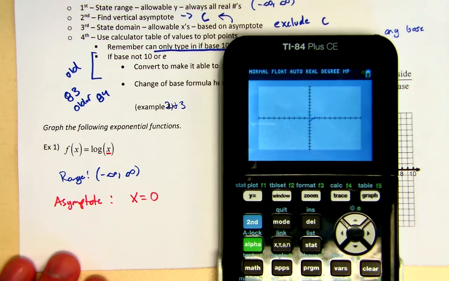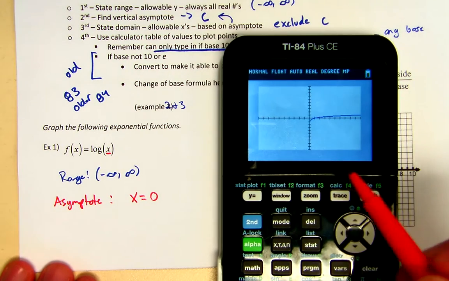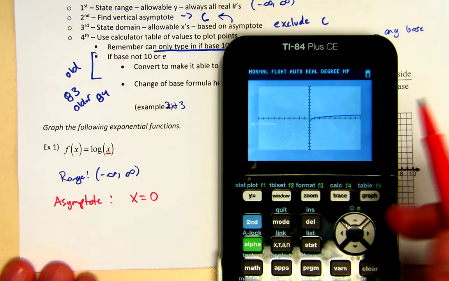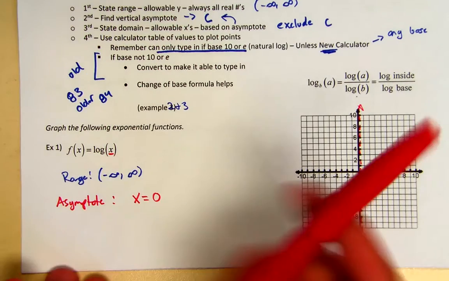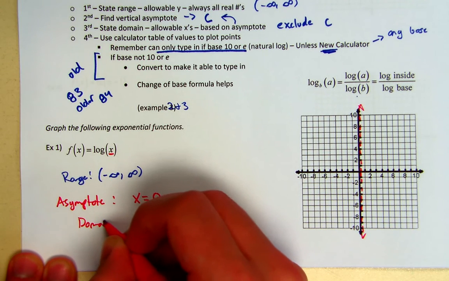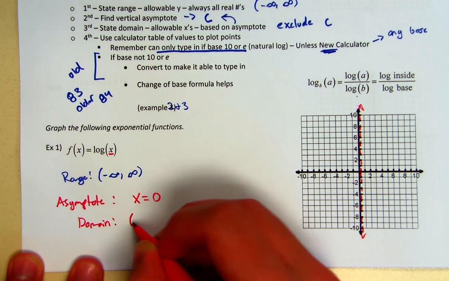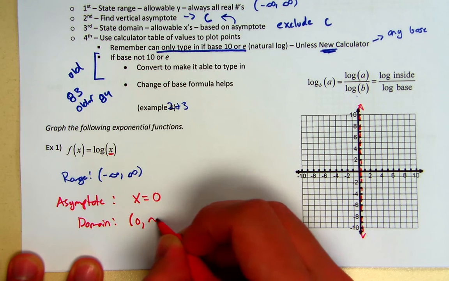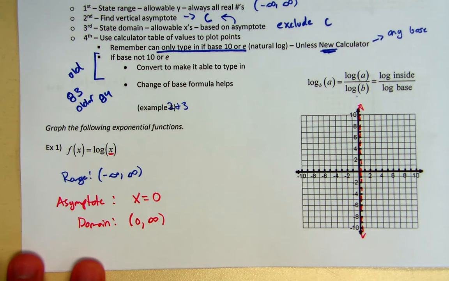Hit graph, and it looks like I start at 0 and go to infinity. So the domain is 0, not including it, all the way to infinity. I did that based off the calculator and the asymptote.